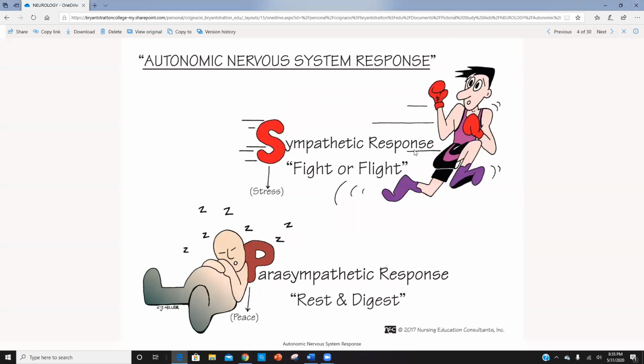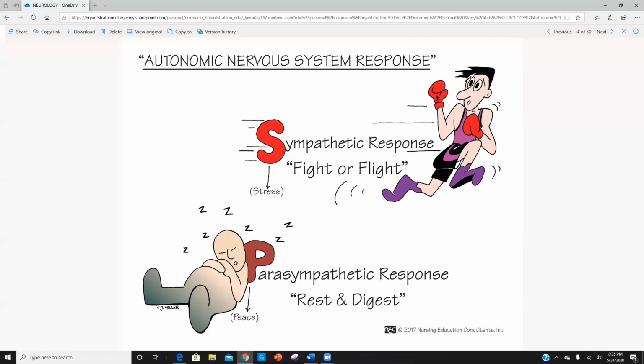All right, so this is the autonomic nervous system response, and this speaks to the fight or flight, or rest and digest. So the autonomic nervous system consists of two antagonistic sets of nerves, the sympathetic and parasympathetic nervous systems. The sympathetic nervous system connects the internal organs to the brain by spinal nerves.